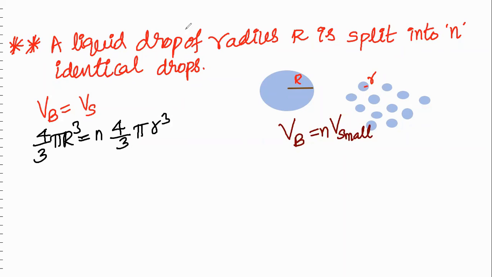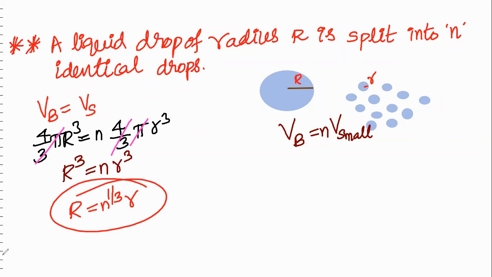The 4 by 3 pi gets cancelled. R cube is equal to n into small r cube. Therefore, R is equal to n power 1 by 3 into r. So this is the relation between the radius of the big drop and the radius of the small drop.